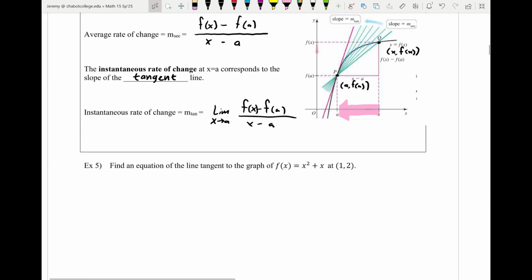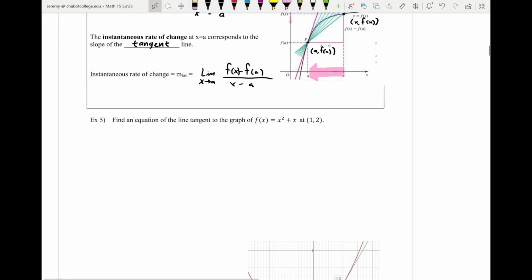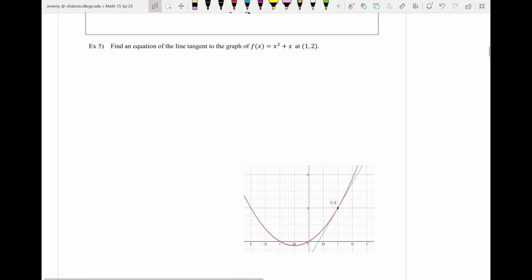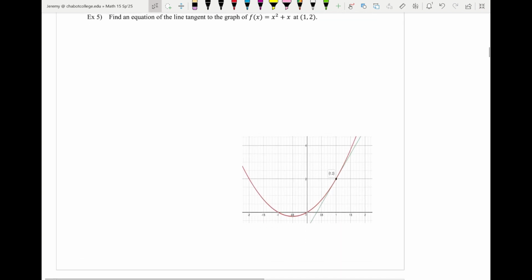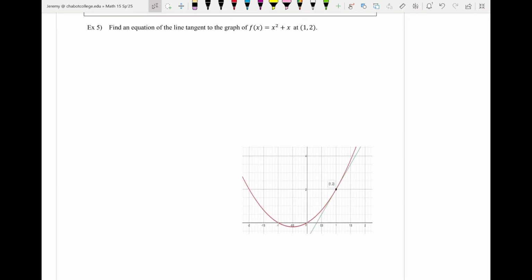Okay, so let's have a look at an example. For this one, example 5, we're here on page 5. We want to find the equation of the line which is tangent to the graph of x squared plus x, that's this parabola here, at the ordered pair 1, 2.